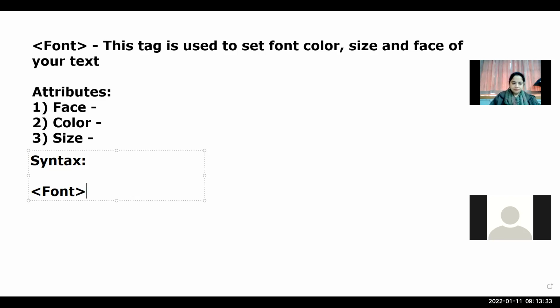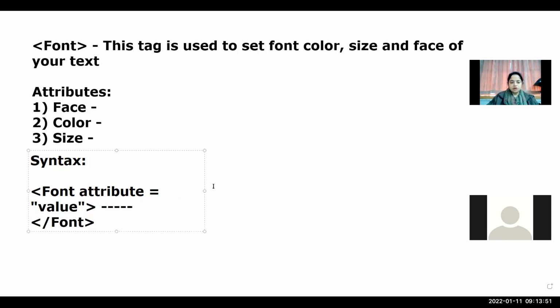Okay, then type the text that you want to apply, then close the font tag. Use the attributes here, whatever attribute you need. Give the value and then close the tag after specifying the text.